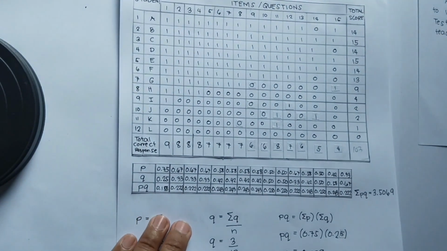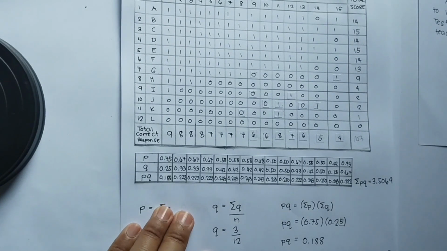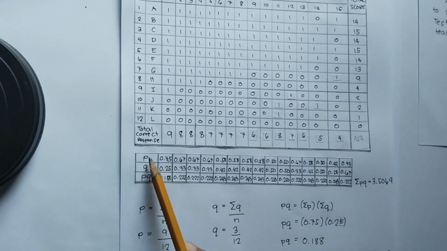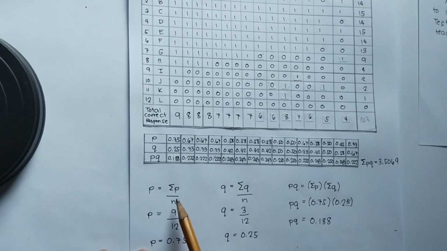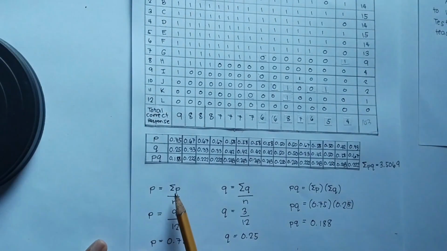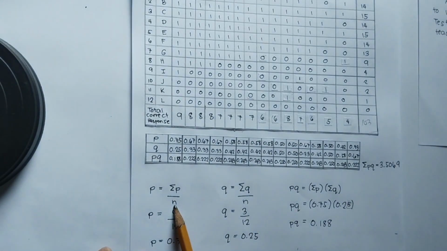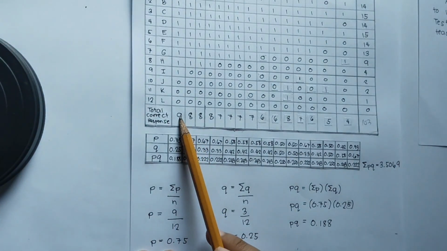So, in order for us to get the value of the proportion of the examinees who got the item correct, we will use this formula. So, P is equals to the summation of P over N. So, yung summation of P natin, ito yung 9. Diba? Yes, ito yung 9.